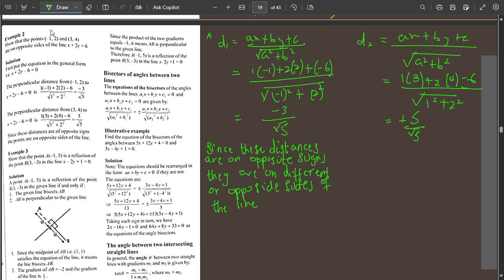So that's how you find it. Then you should try the other examples.